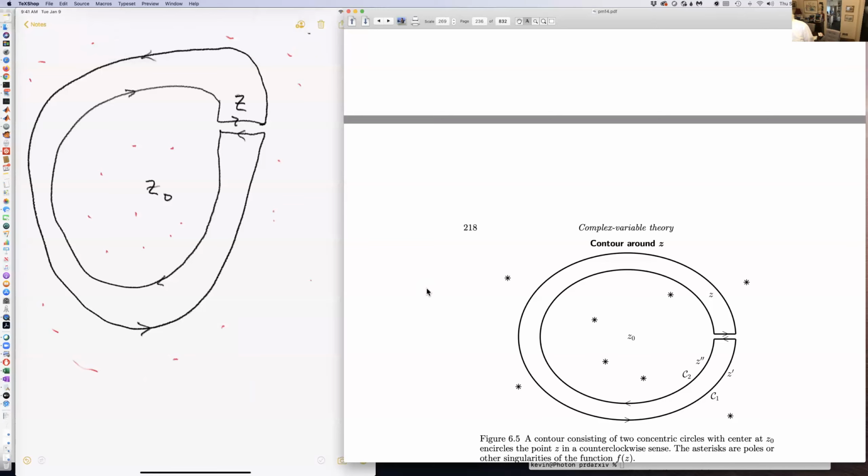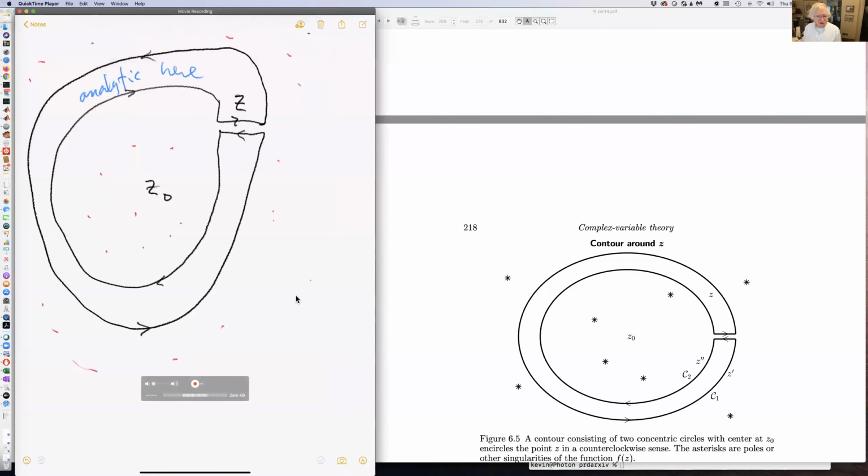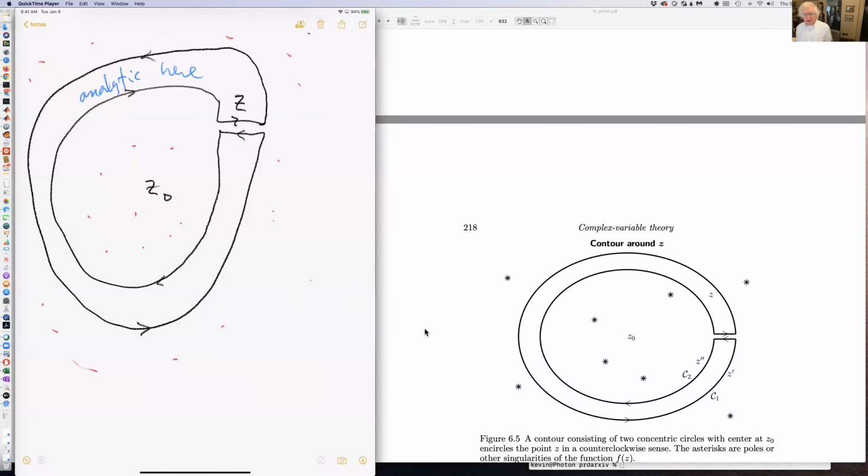But notice that I've drawn this so there are no singularities inside here. So this is a zone of analyticity.